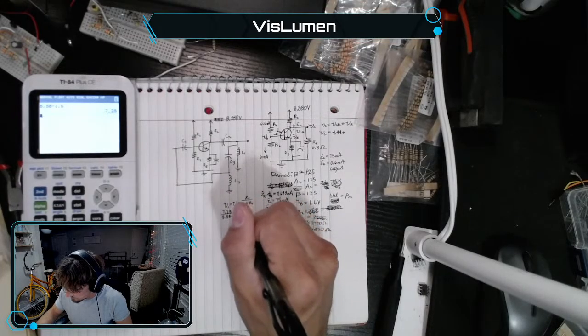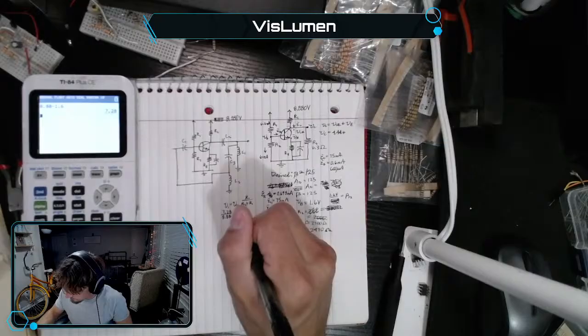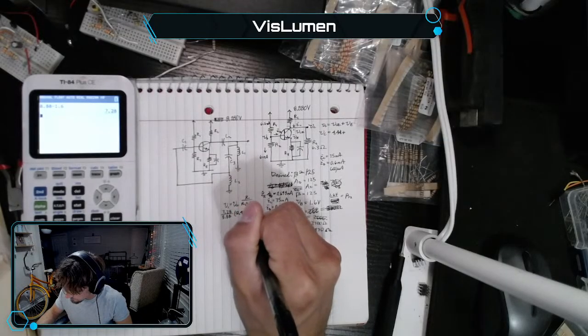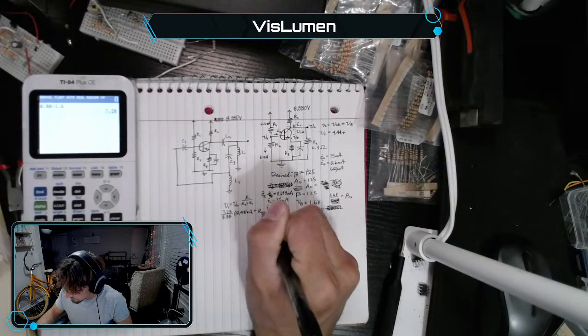R1 over, what is R2? 2,470, 2.470 kilo ohms, plus R1.